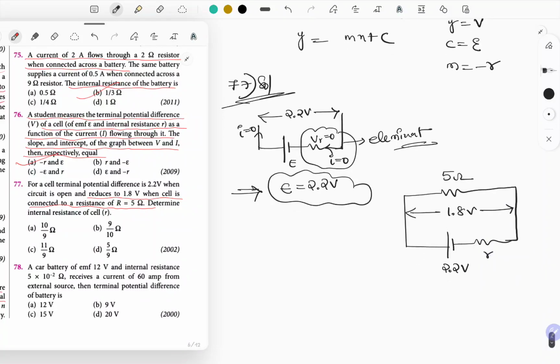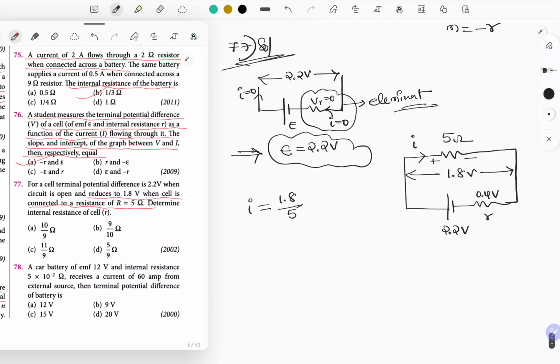Then how much voltage will drop across internal resistance? It's going to be 0.4 volt. Is it 0.4? Yes. 2.2 minus 0.4 will give you 1.8, right? So let's say plus minus, this is how current enters. Let's find out the value of current. I is equal to V by R, which is 1.8 divided by 5.